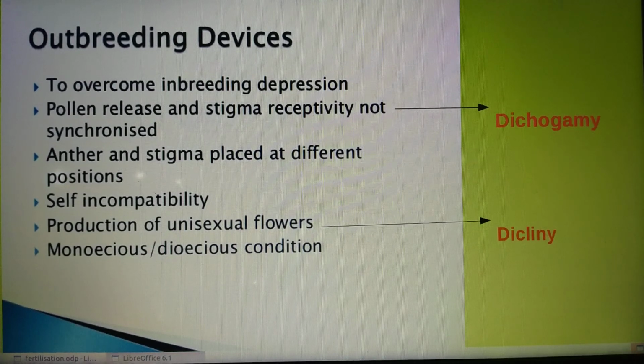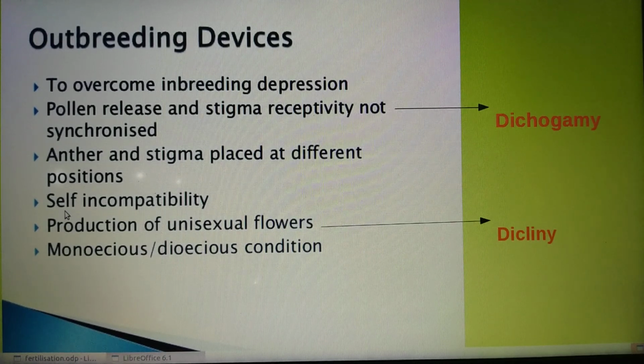That means they do not occur at the same time. Either the pollen is released before the stigma becomes receptive, or the stigma becomes receptive much before the release of pollen. Is it clear? Second one, the anther and stigma are placed at different positions, so that the pollen cannot come in contact with the stigma of the same flower.